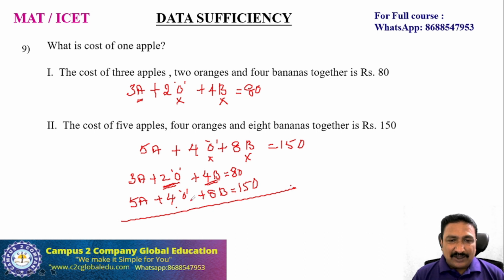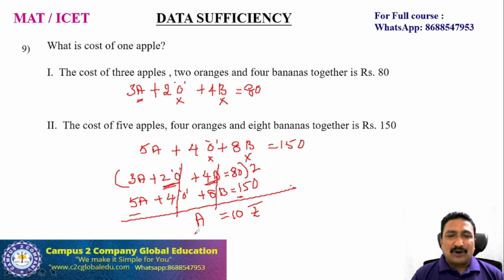If you want to eliminate oranges and bananas, multiply the first equation by 2. If you multiply the first equation by 2, 2 4s are 8 bananas cancel, 2 2s are 4 oranges cancel, 2 3s are 6 apples, minus 5 apples. 6 apples minus 5 apples is equal to 1 apple, which is equal to 2 8s are 160 rupees minus 150 rupees. 160 minus 150 is equal to 10 rupees.